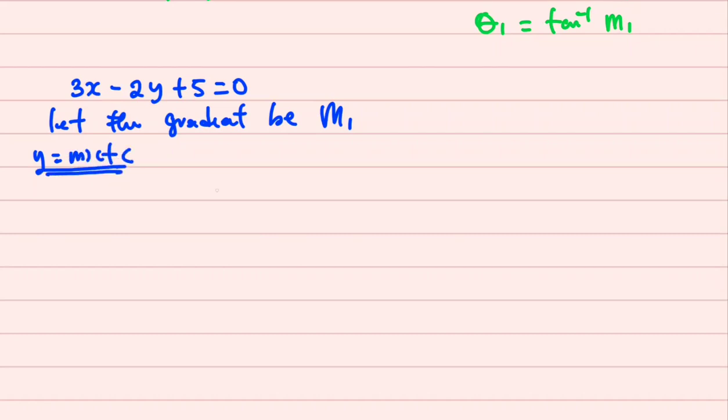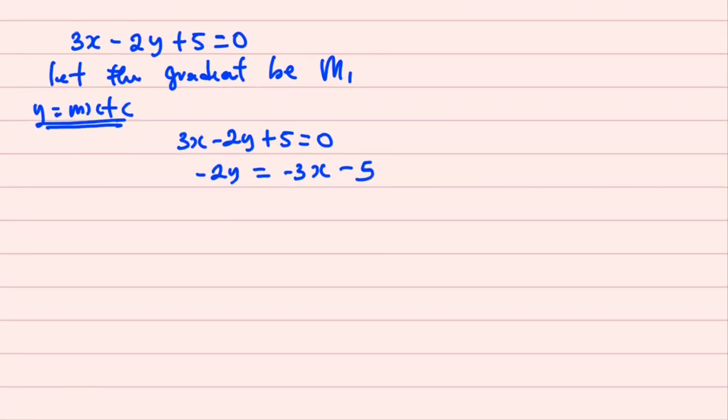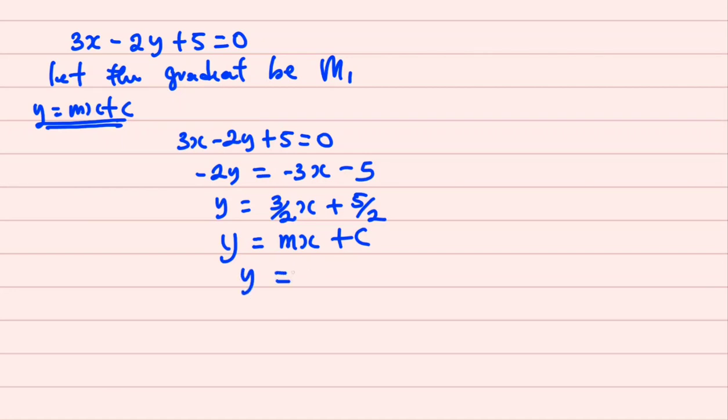So, 3x minus 2y plus 5 equals 0 gives minus 2y equals minus 3x minus 5. Dividing through by minus 2, I have y equals 3 over 2 x plus 5 over 2. So comparing coefficients with y equals mx plus c, I can see that my m is equal to 3 by 2. So I'm done with this.